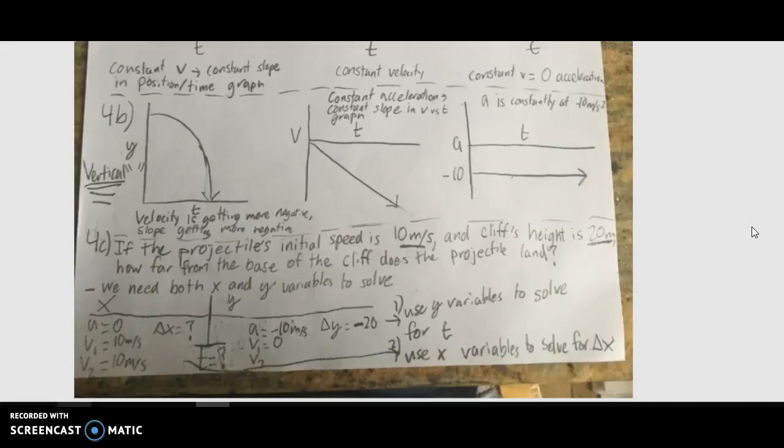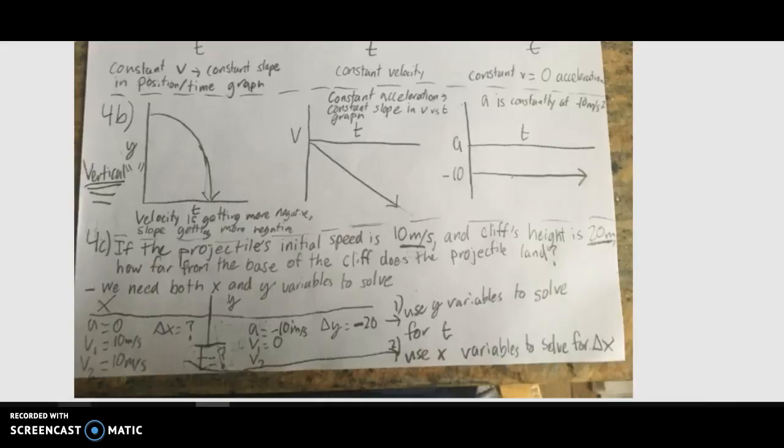So the trick to these types of problems is you have to use t, which isn't part of x or y, it's both. Time is a quantity that can be used for both x and y.